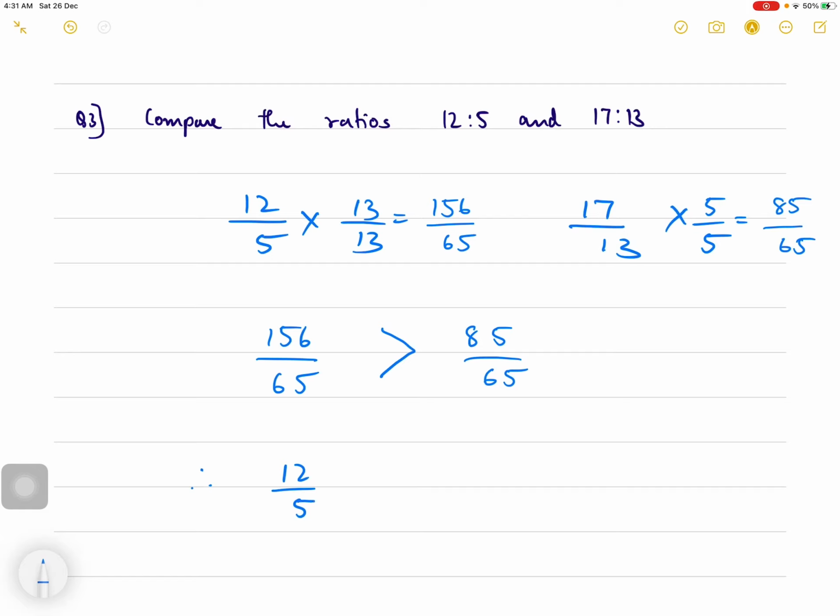So 12 by 5 is greater than 17 by 13. So when the denominators are same, you have to compare the numerators. If the numerator is greater, that ratio is greater.